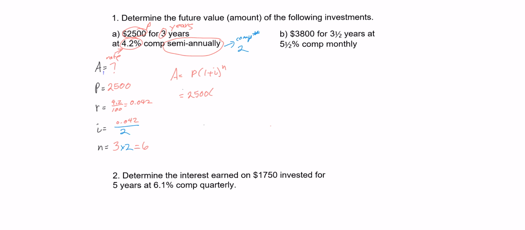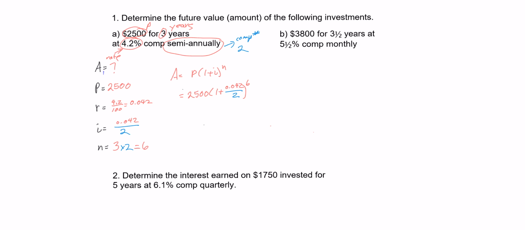We get 2,500 times 1 plus i, not 1 plus i, 1 plus 0.042 divided by 2, raised to the 6. And all you're going to do is punch that directly into your calculator.